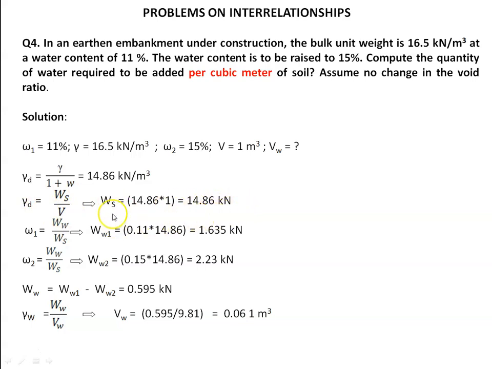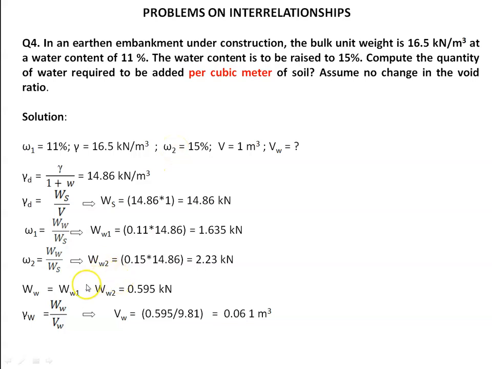Then water content is the ratio of weight of water to the weight of solids. So for both the water contents, that is corresponding to 11% and 15%, we can estimate the weight of water. Since the weight of solids is constant, you can use the same value for both the equations, and then you can estimate the weight of water corresponding to both the water contents w1 and w2.